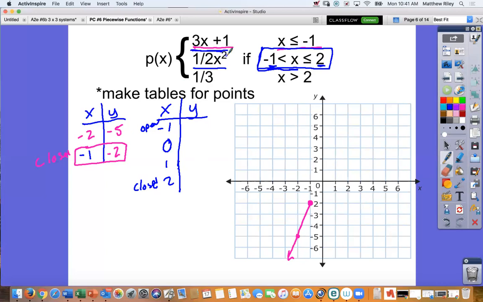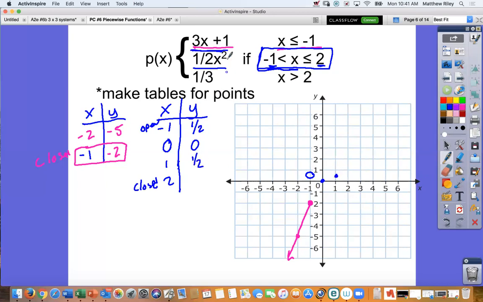-1 squared is 1 times 1/2. So at -1, I'm at a half and it's open. Plug in 0. 0 squared is 0 times a half is 0. Plug in 1. 1 squared is 1 times a half is a half.